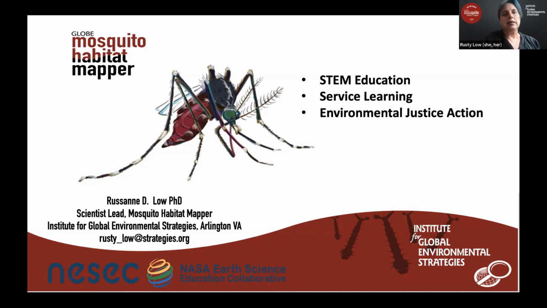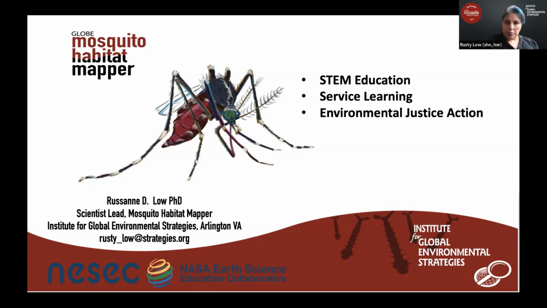So it's a tool that you can use for service learning in areas where there is insufficient funds to do a lot of municipal mosquito management. It's an environmental justice activity that students can do. And of course, you can learn just about all the science you want to know from a mosquito. So that's what's really exciting.